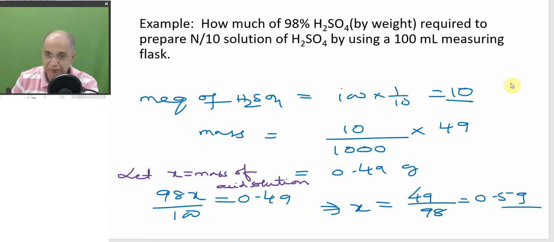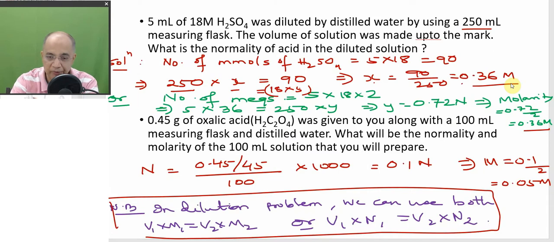Now, this is another problem that we missed out. 0.45 gram of oxalic acid was given to you along with a 100 ml measuring flask and distilled water, of course. What will be the normality and molarity of the 100 ml solution that you prepare with this amount of oxalic acid?